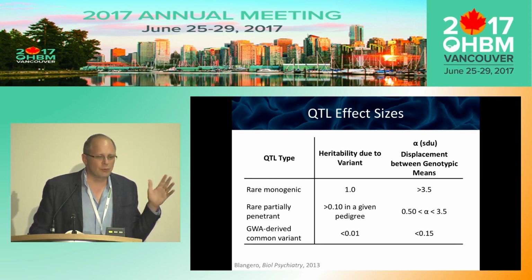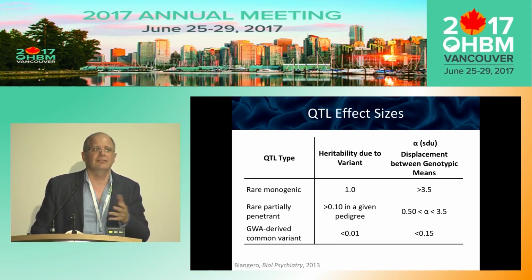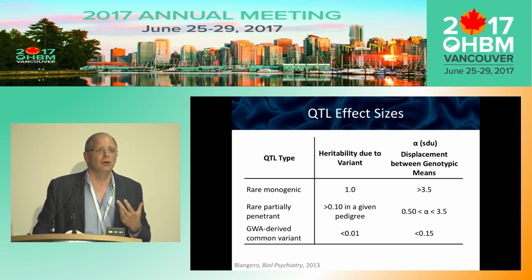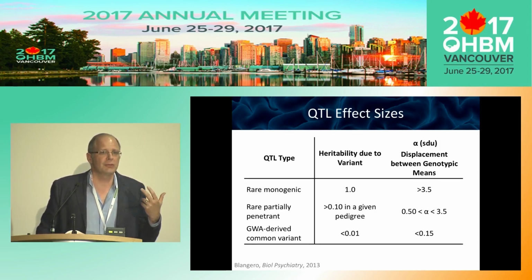It's about 0.15. There's a lot of variation, it depends on how big the effect is, but it's relatively small. So the problem is, if you have an effect that small, it's very hard to go into the lab and do the functional biology and the functional genomics to convince yourself that that's the hit you want to follow.